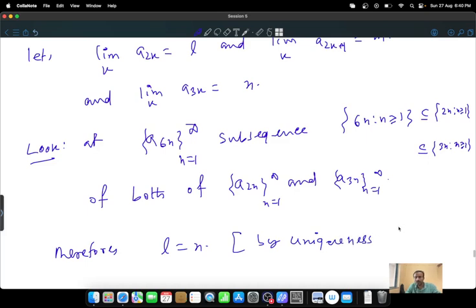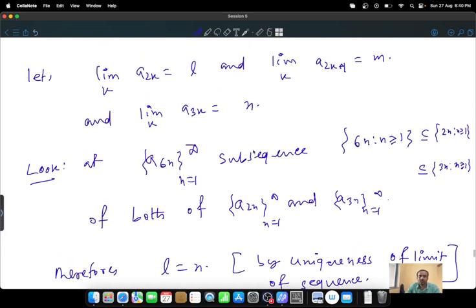That is, a sequence can converge to at most one point. Okay, so you have got L equals N. Now if somehow you can show that N equals M, then your job is done, because then L equals M equals N, all are the same.